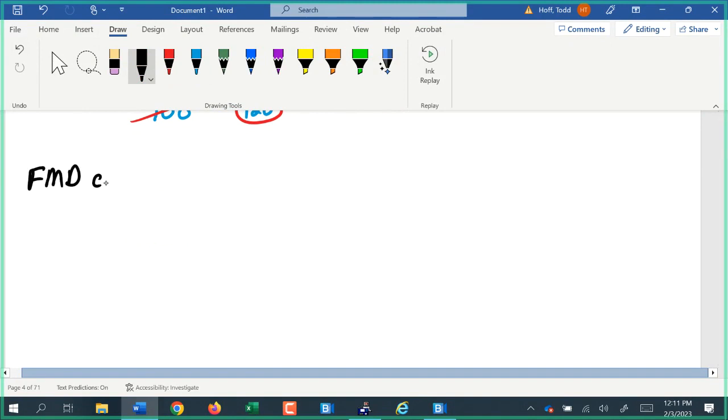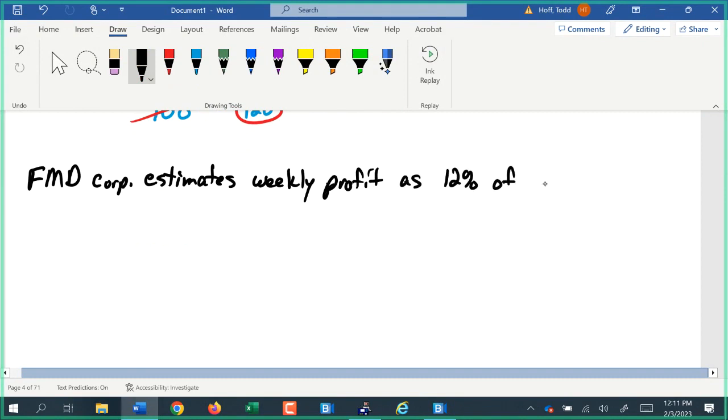FMD Corporation estimates weekly profits as 12% of net weekly sales.